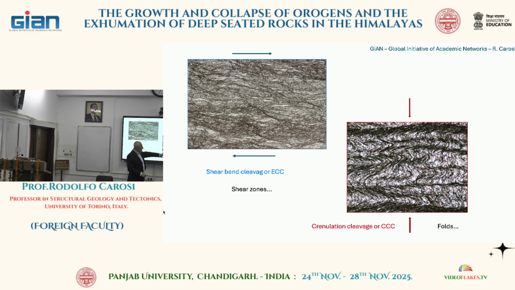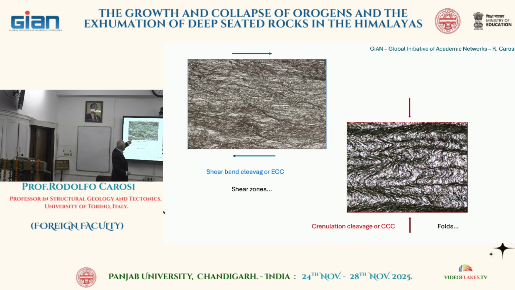But these cleavages are not related to shear zone, to displacement, but are related to superposed folds, two generations of folds. The F1 folds give rise to this foliation, and a second generation of folds gives rise to this crenulation cleavage. So we are in a context completely different from the shear zone.